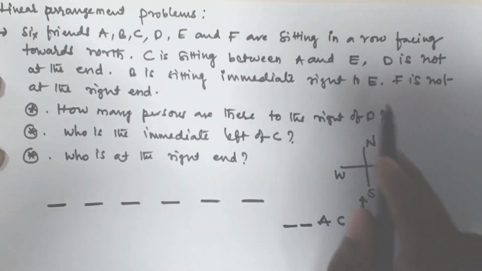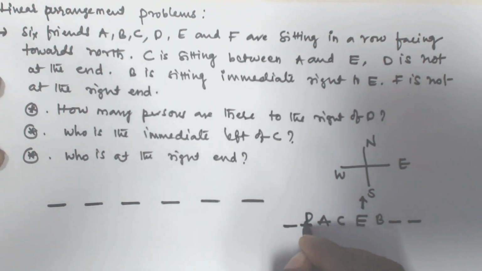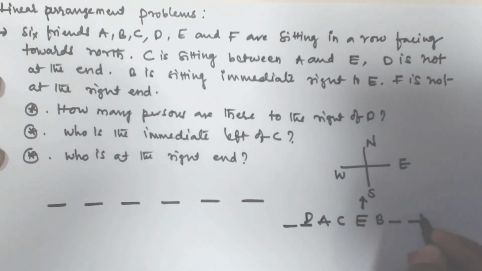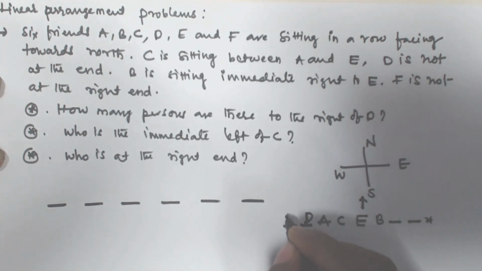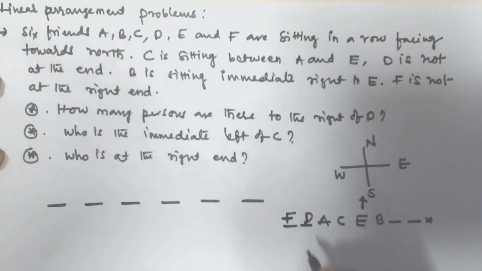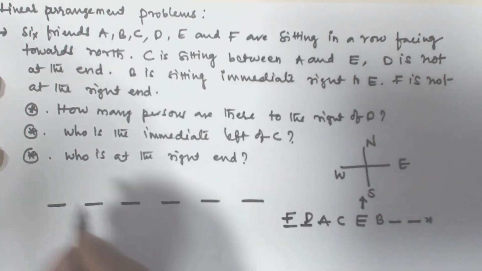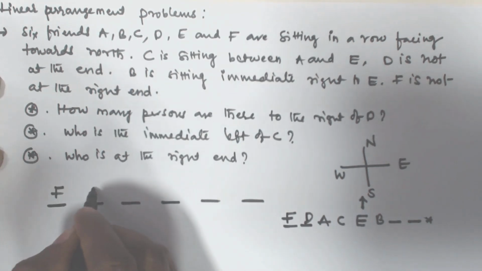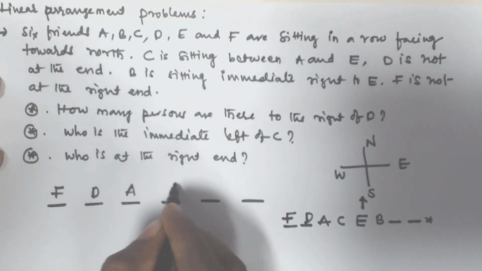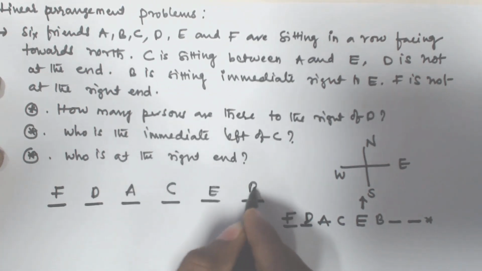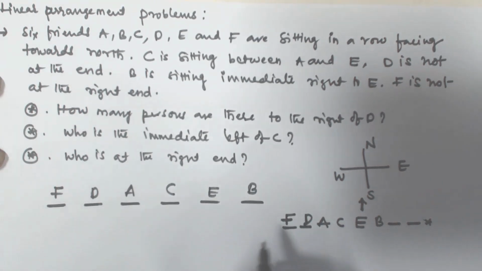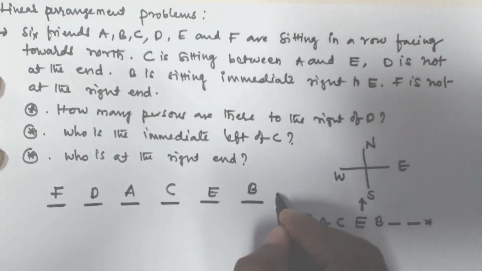I can take D here, and then F will fill up here. F is not at the right hand, so this is the right hand, but I can put F at the left hand. So the finalized positions are F, D, A, C, E and B. These are the finalized sitting positions of all 6 persons who are facing north.